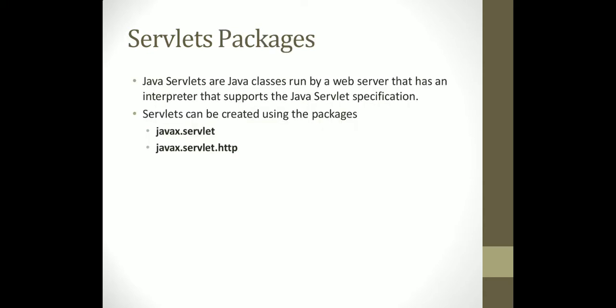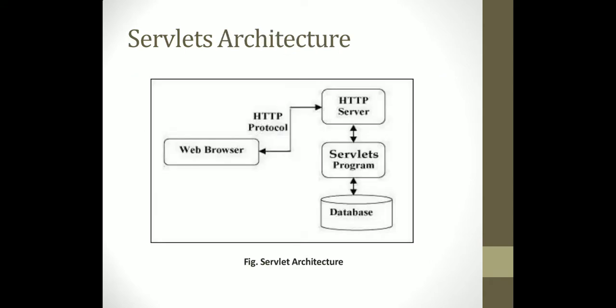Whatever request is sent from the web browser is searched in the database via the servlet program, and then the result is sent to the HTTP server and then to the web browser, so that the required output can be achieved.